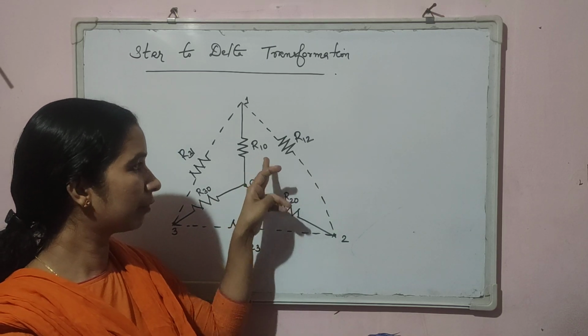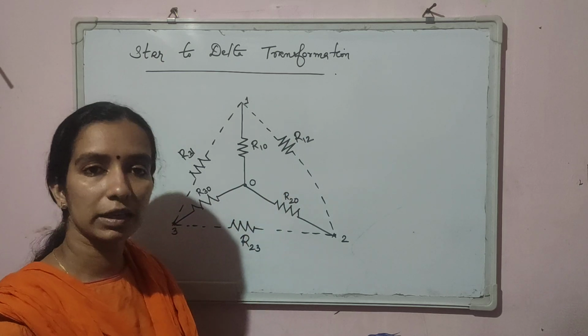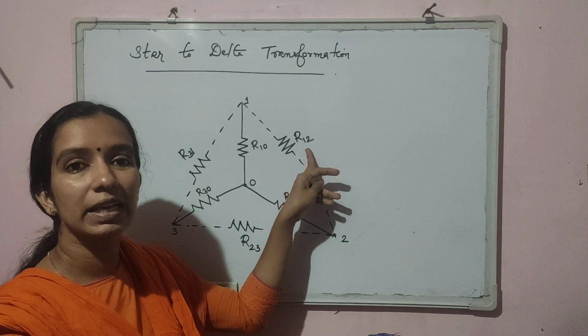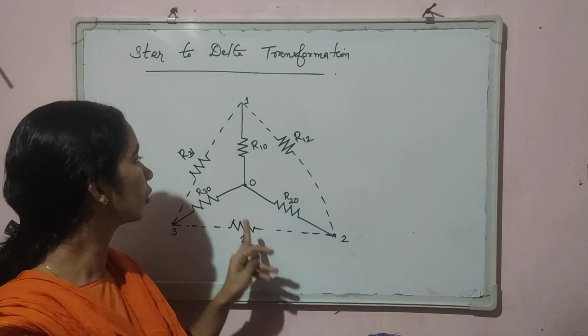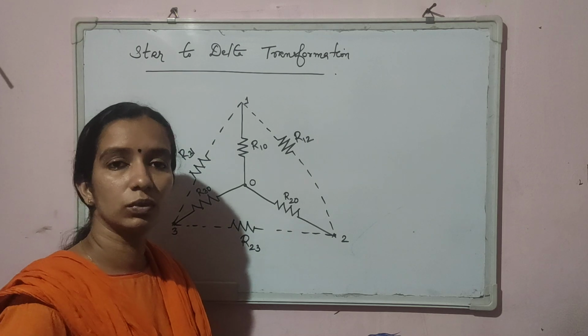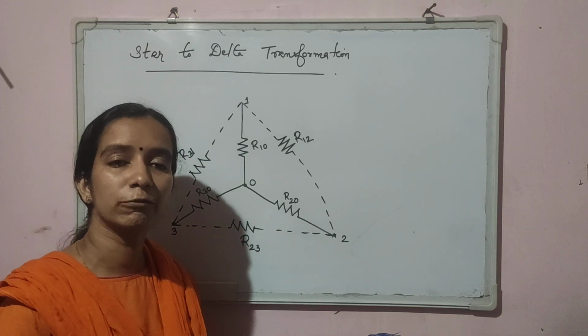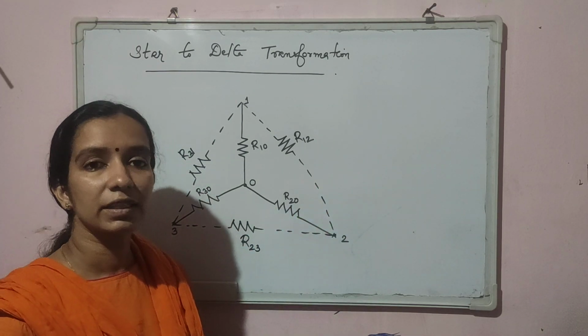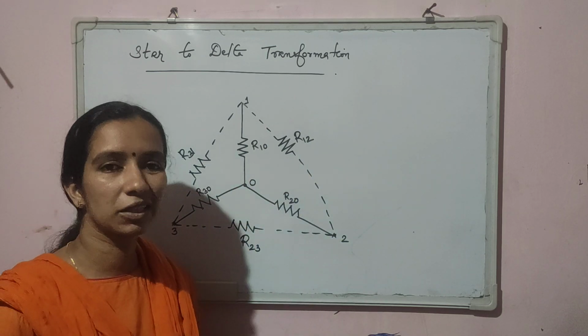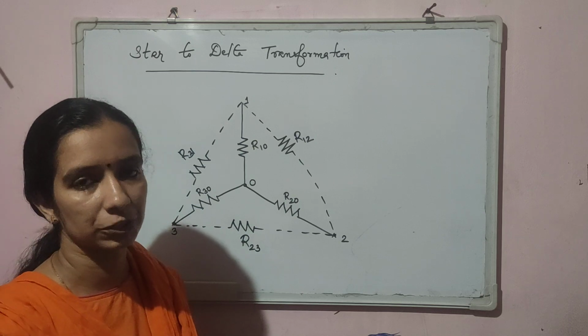So from the values of R10, R20 and R30, we have to calculate the equivalent delta resistors R12, R23 and R31. We don't have to go for the derivation, we just have to understand the equations which are used for this transformation. Only the equations are needed and not the derivation.